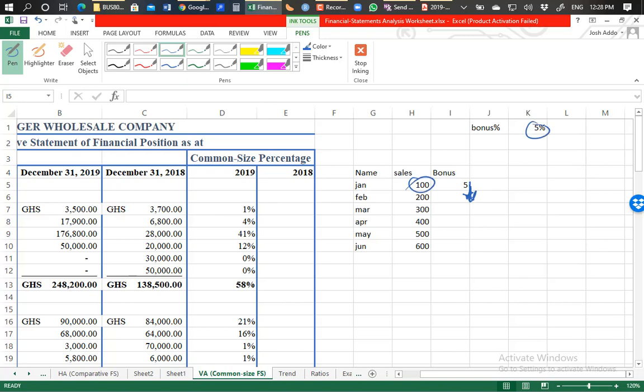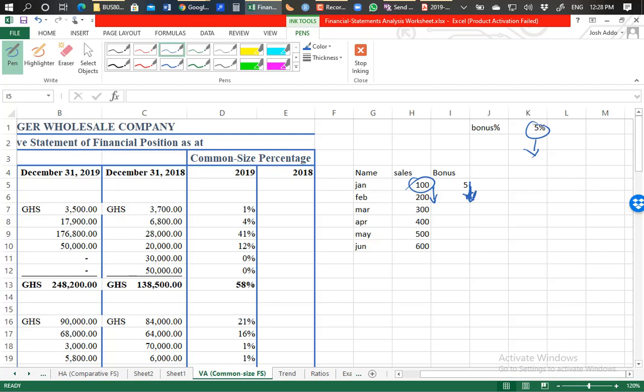So when I drag down, it will move this one cell down and move this one also one cell down. But when you move this cell one cell down, there's nothing here. So the formula becomes wrong. You always want this one to stay the same, but this one should be moving to pick the figures here.